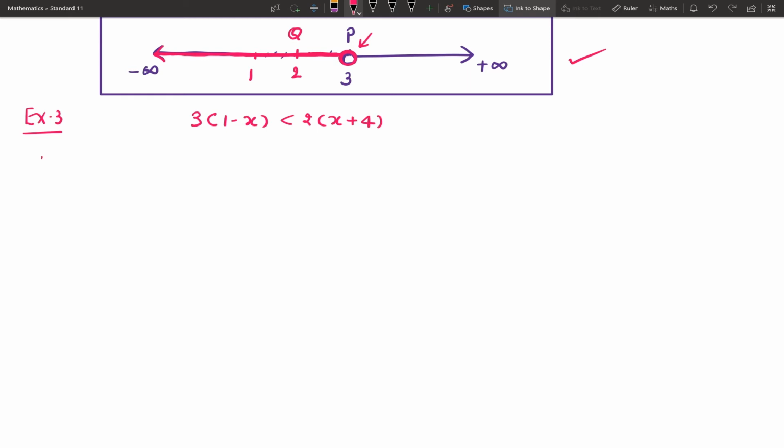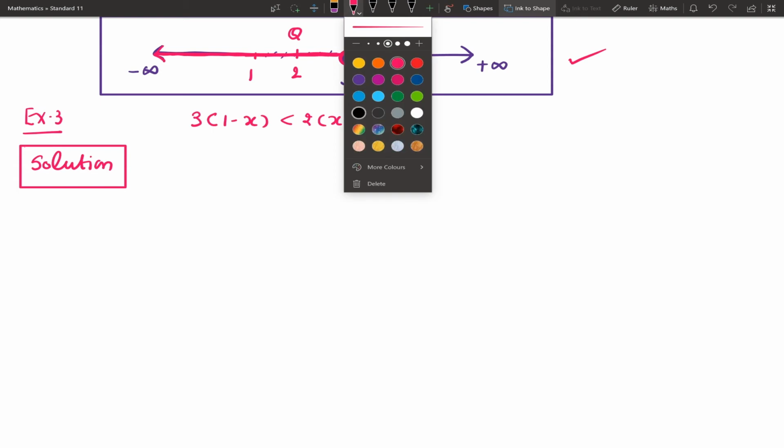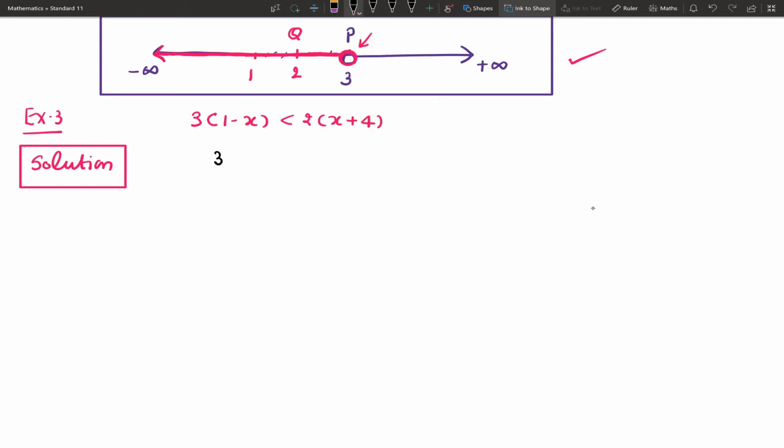So solution, 3 into bracket 1 minus x less than 2 into x plus 4. Now first we will solve this inequality, and then we will show the solution graphically.